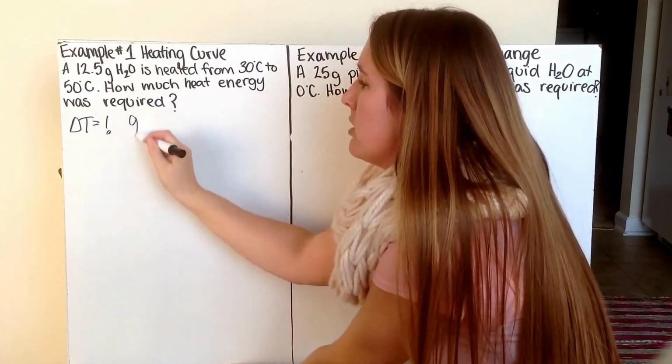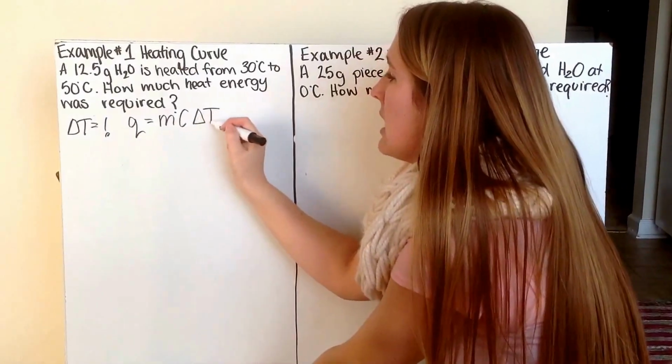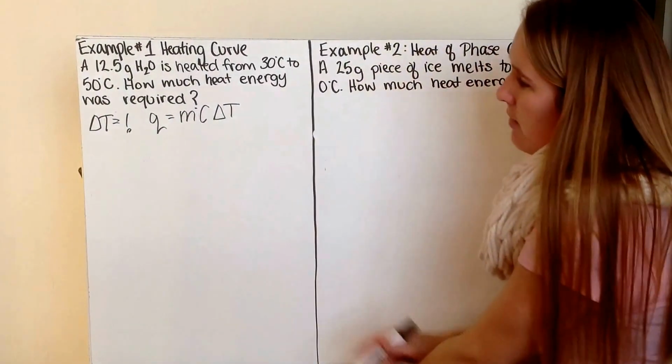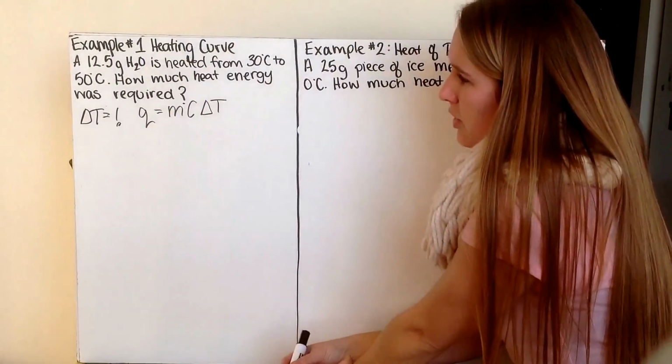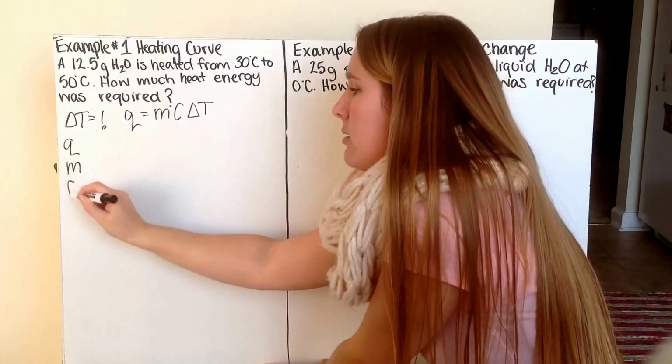Therefore, we're going to use Q equals mc delta T, because that's our only equation where we have that change in temperature. So I'm going to list my variables going down the side.